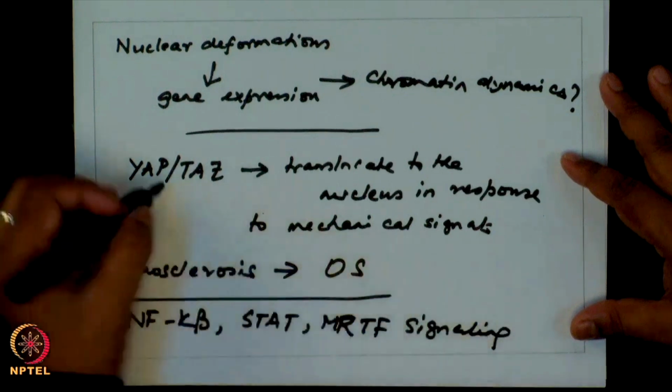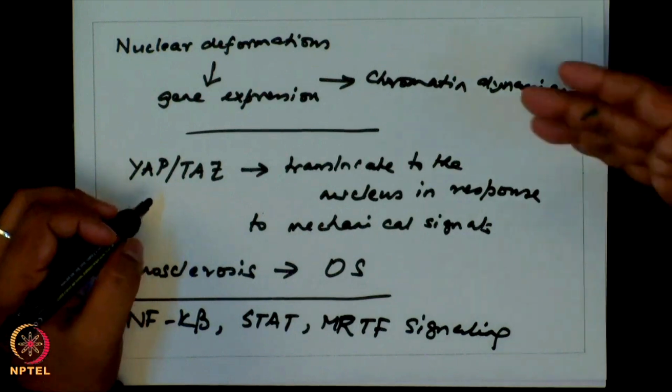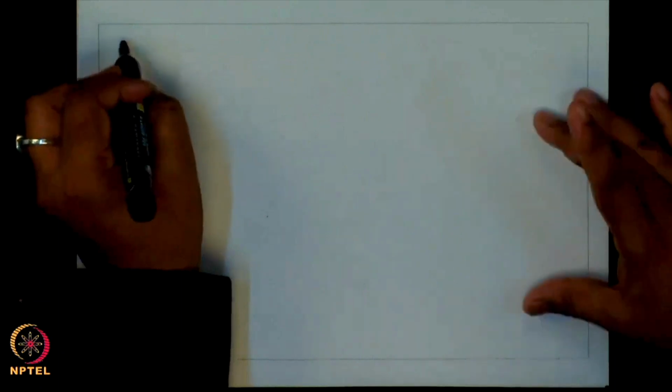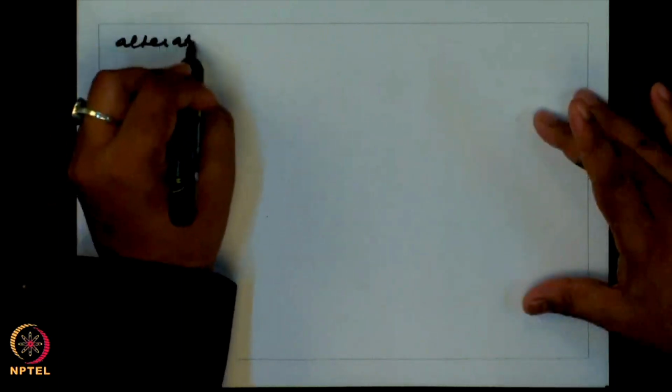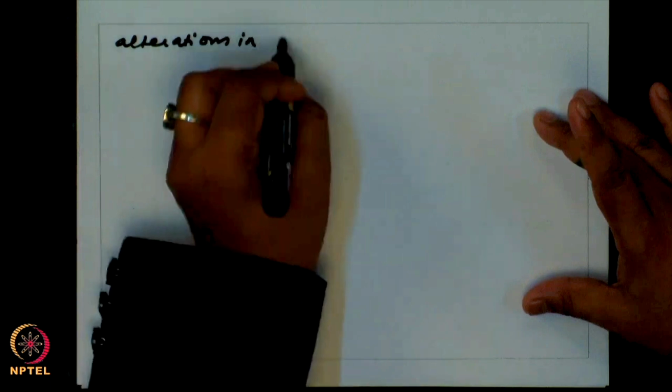These also exhibit this trait where they translocate to the nucleus. And what do these translocations induce? They lead to alterations in gene expression.